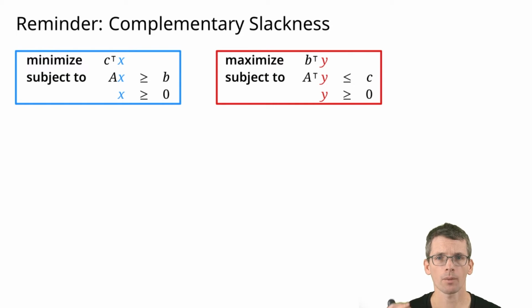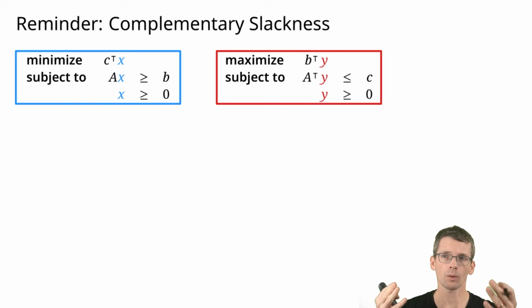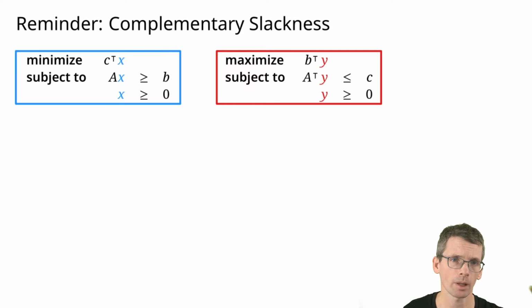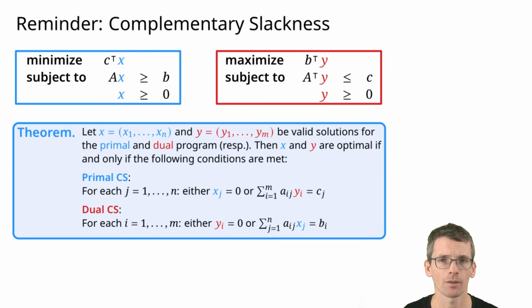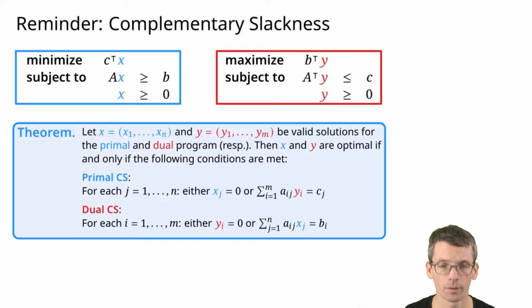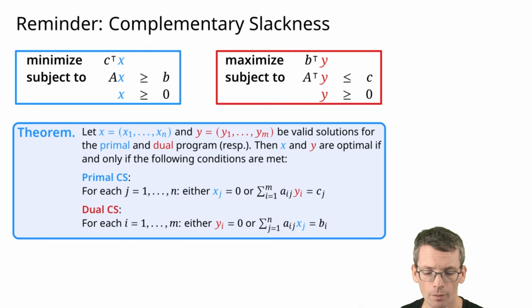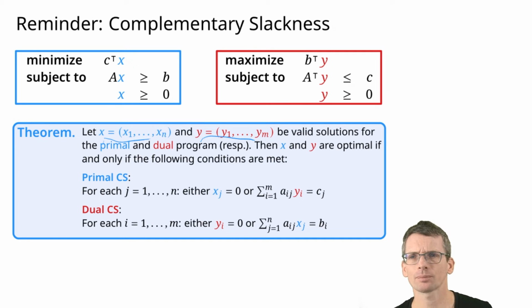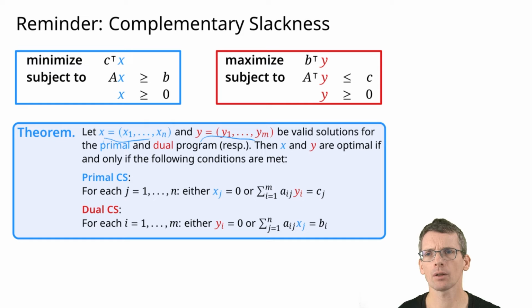So we have a pair of a primal and a dual problem. Again, we assume that our primal problem is a minimization problem, then the dual is a maximization problem. And then the complementary slackness tells us the following. If I have a solution to the primal and a solution to the dual problem, so a valid solution, then those x and y are optimal if and only if I have primal and dual complementary slackness.